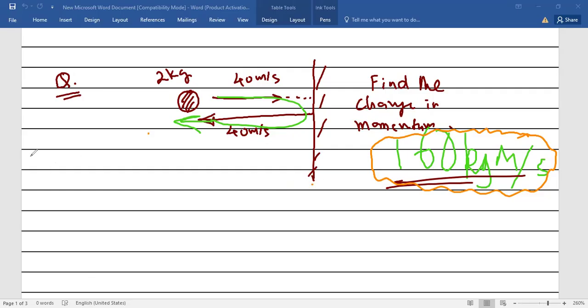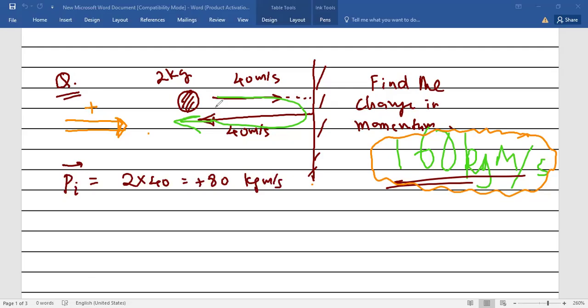Okay, let me explain. Whenever you do this type of question, first you assign positive or negative to a direction. So let's say if anything is going towards the right side, let it be positive. So we can write the initial momentum vector as 2 times 40, that is 80 kg meter per second.